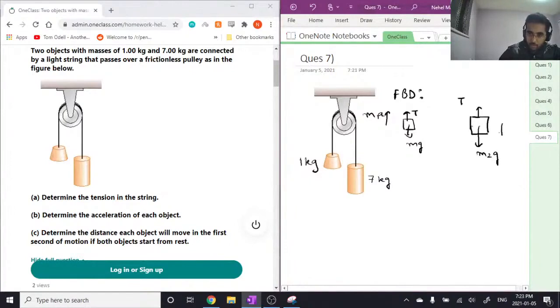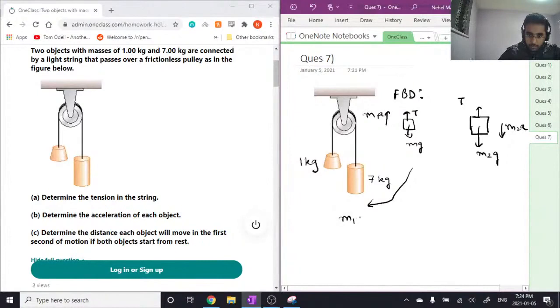The overall motion of the system is downward, so it's M2A. Note that by the principle of conservation of string, the two accelerations are the same. So A for both masses is the same because the string pulls them at the same acceleration.